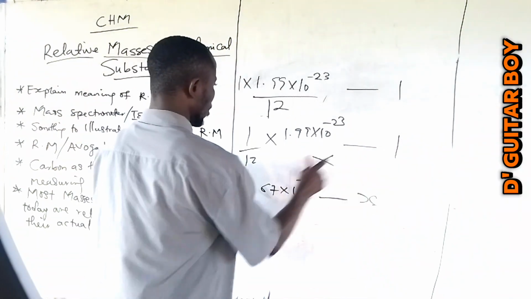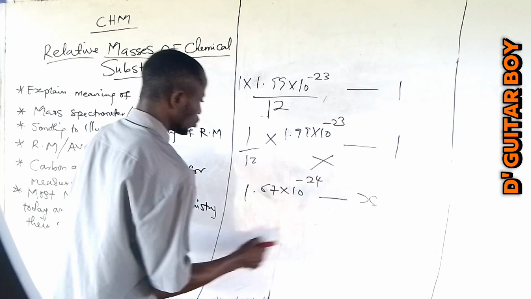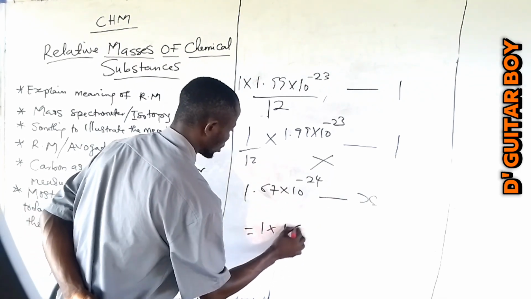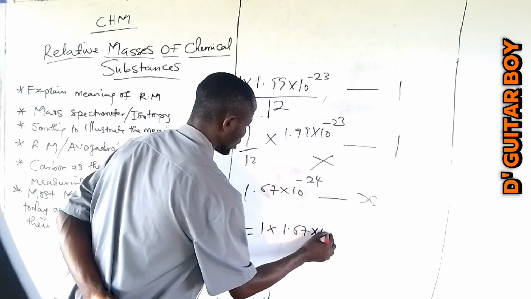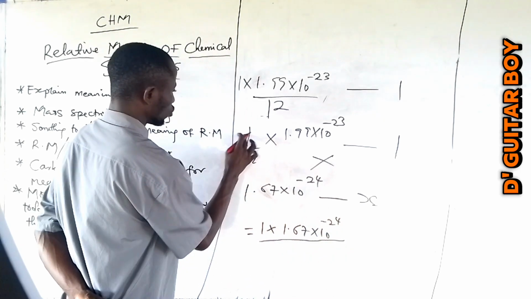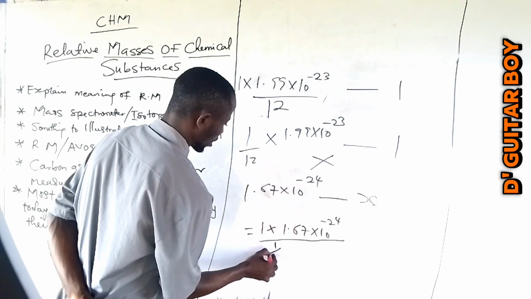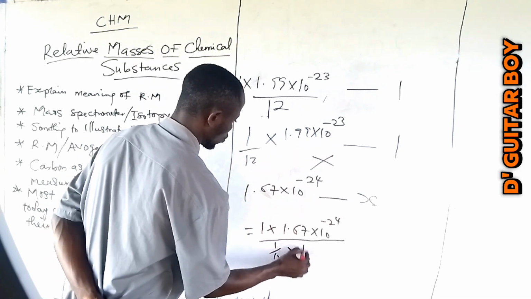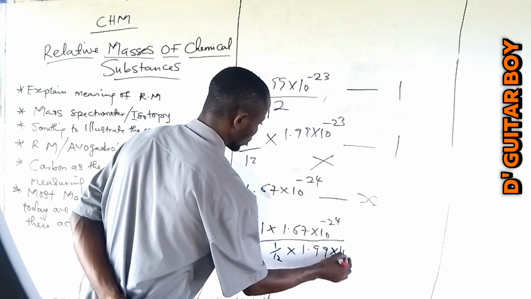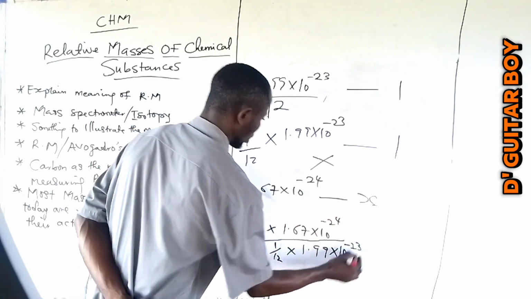So when you cross multiply, it will give you equal to 1 times 1.67 times 10 raised to the power minus 24 all over 1 all over 12 times 1.99 times 10 raised to the power minus 23.